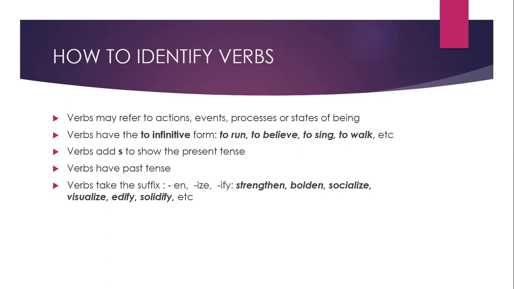Secondly, the form that the word takes can let you know that it is a verb. For instance, verbs have the to infinitive form. So to run, to believe, to sing, to walk, to show action or to show a state of being. So you can say to Kwame. If you say to Kwame, the to there is a preposition.